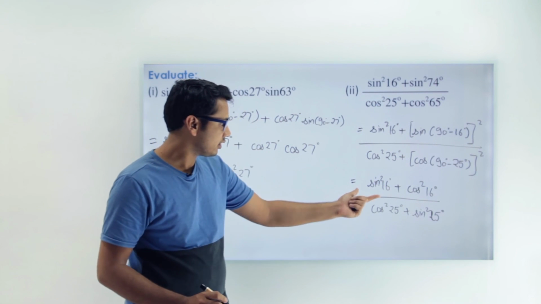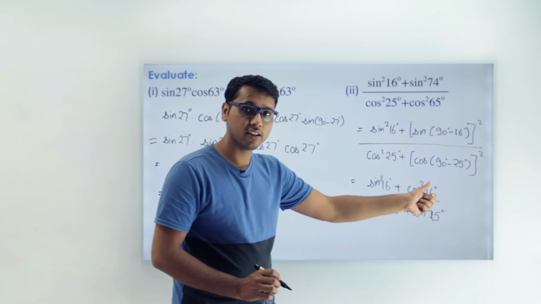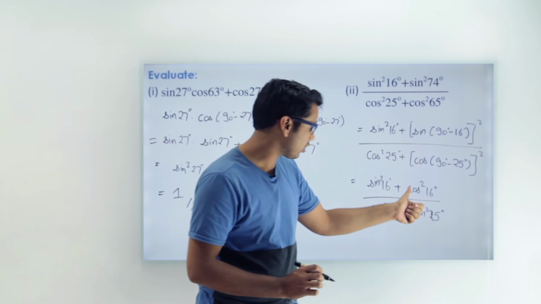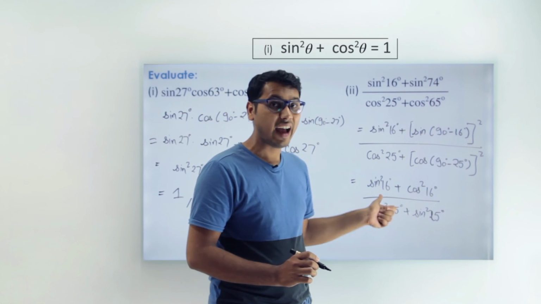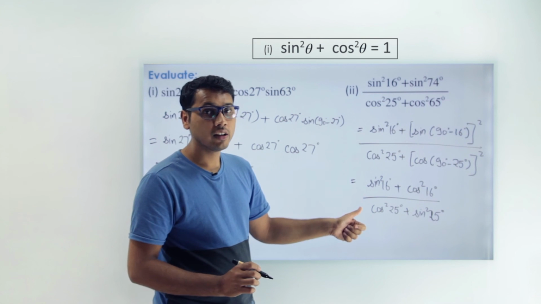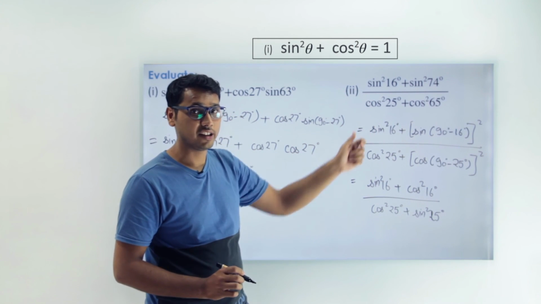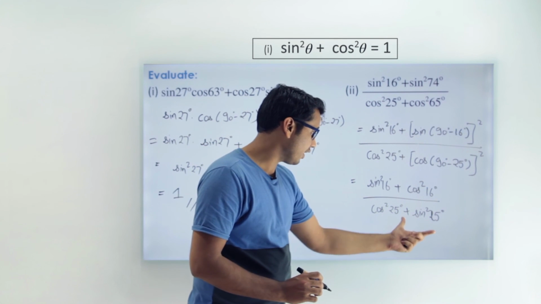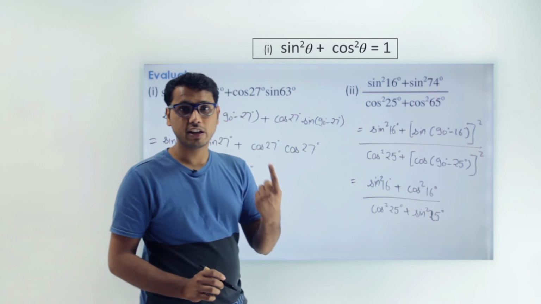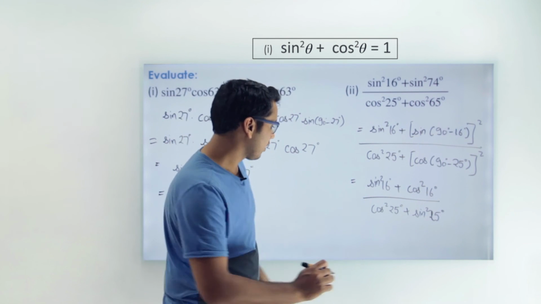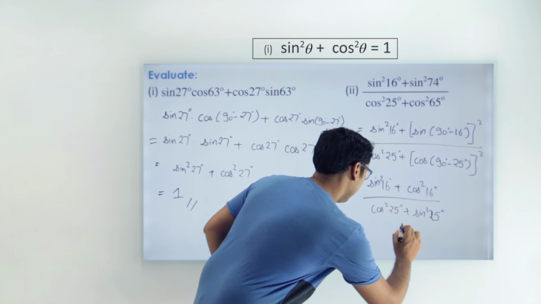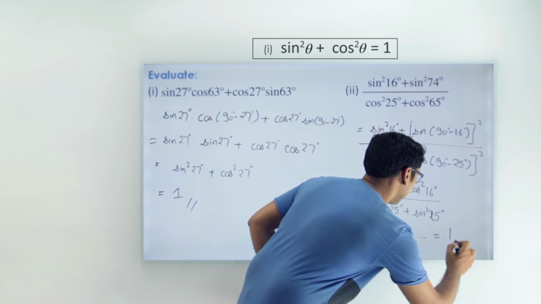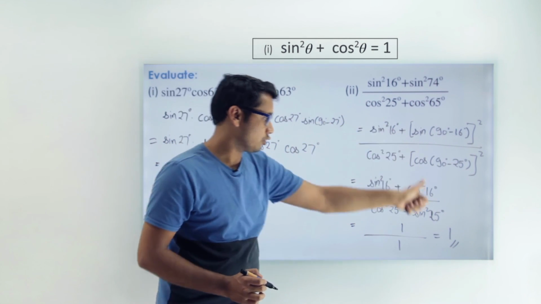Now the same angle appears in the square of sine 16 and in the square of cos 16, so we can compare it with sine square theta plus cos square theta, and its value will be 1. Similarly, the value of cos square 25 plus sine square 25 will also be 1. So finally we can write this as 1 whole upon 1, so the final answer of this expression comes out to be 1.